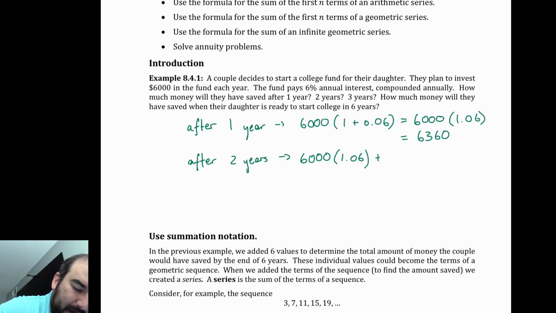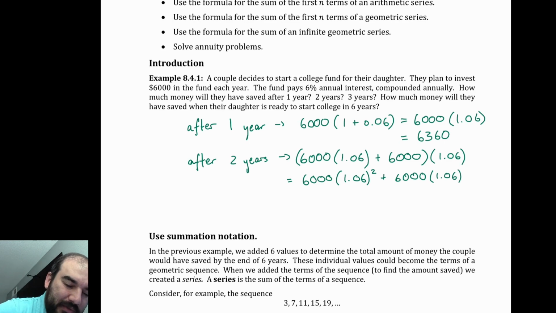Plus, they would add another 6,000 because at the beginning of the second year they add 6,000 to the bank, and then whatever that total is would get multiplied by 1.06. Meaning, if I distribute this 1.06, I get 6,000 times 1.06 to the second power plus 6,000 times 1.06.